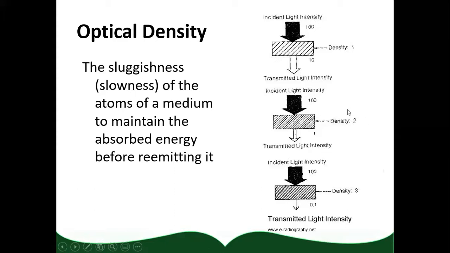Suppose that the density is 2. The 100% incident light intensity will be reduced to 1%. And when the density is 3, the 100% incident light intensity will be transmitted at 0.1%. So this is how optical density affects the light intensity incident on a material. As the optical density increases, the transmitted light intensity decreases.